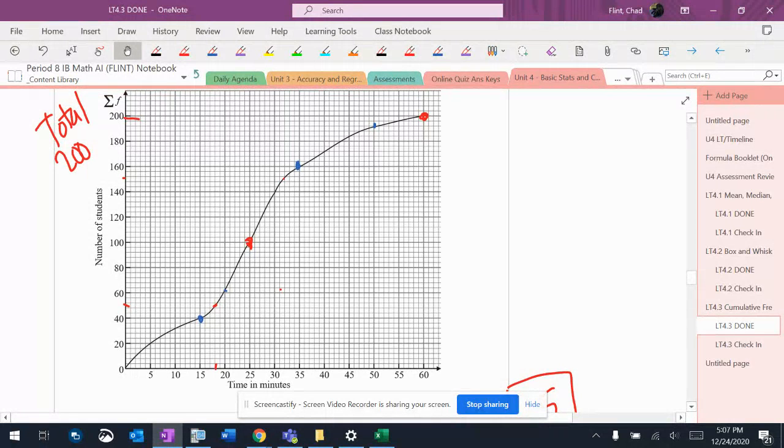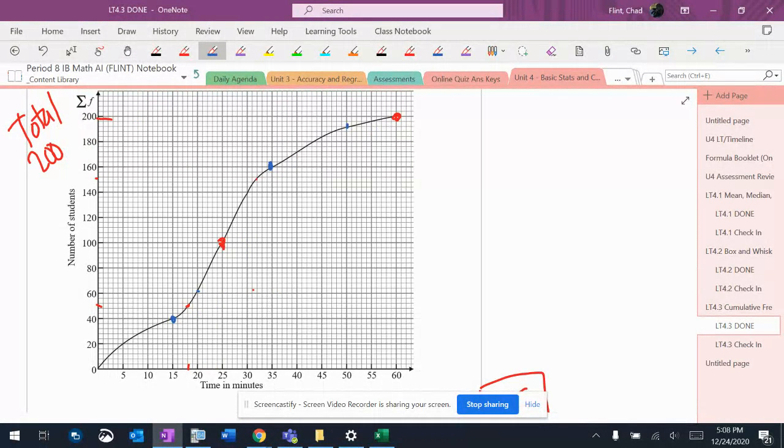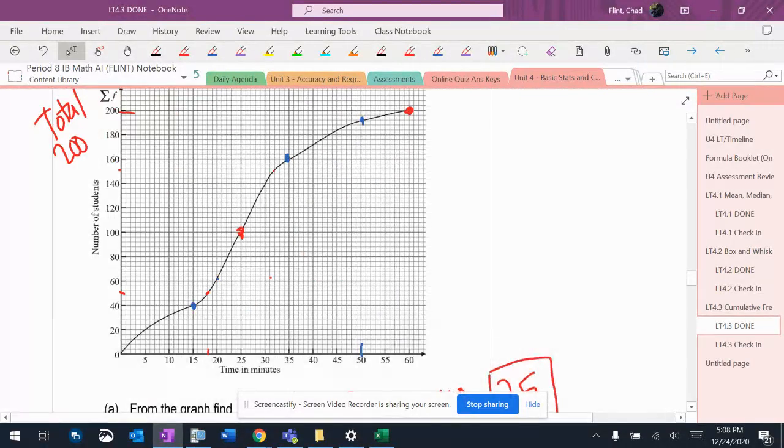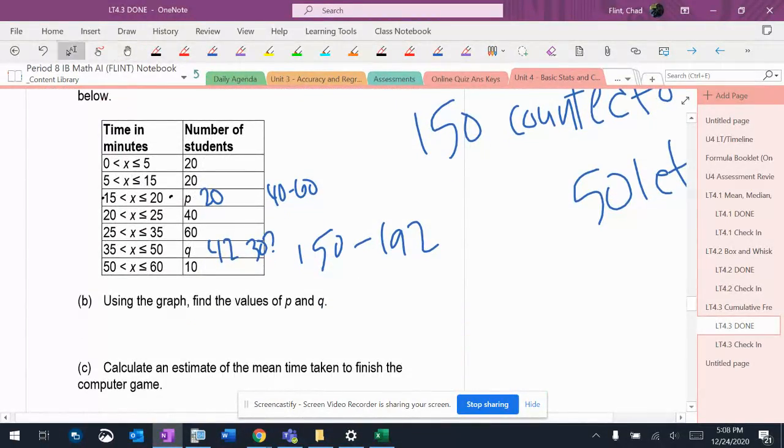And 50 is this guy right here, which is up to there. So I don't think they have the other numbers right. I'm going to leave that at 42. I'm going to look back at this, and if it's wrong, I'll come back and fix it. But that's what we've got there.